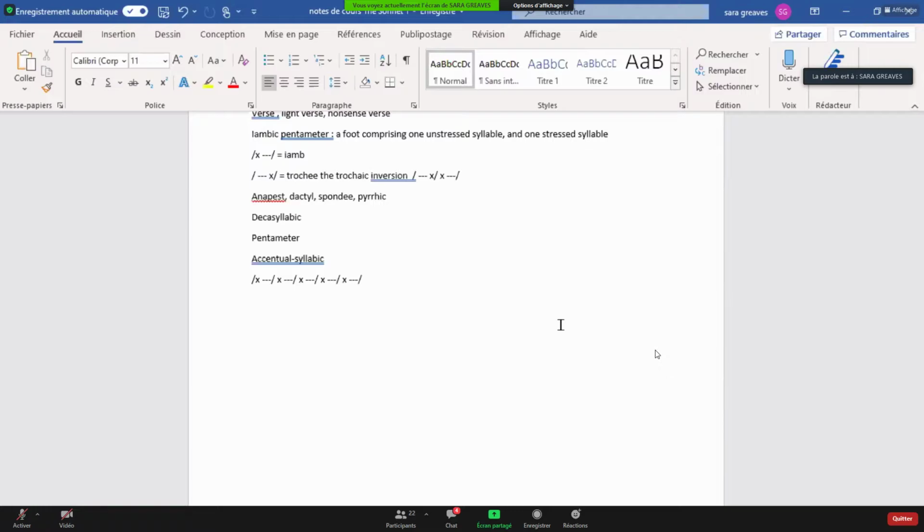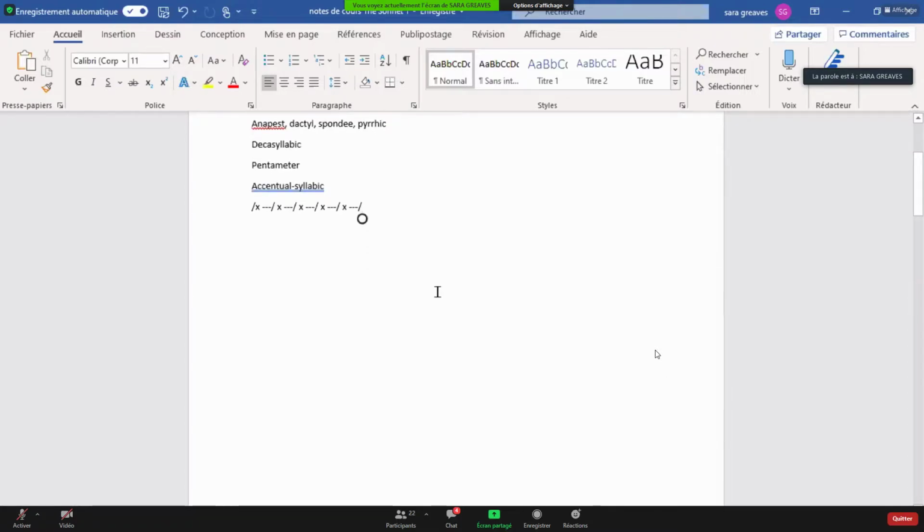But just to go back to what I'll talk to you more about the accentual syllabic in a minute, but what are the two basic kinds of sonnet in English poetry? Can somebody tell me the names of the two kinds of English sonnet?